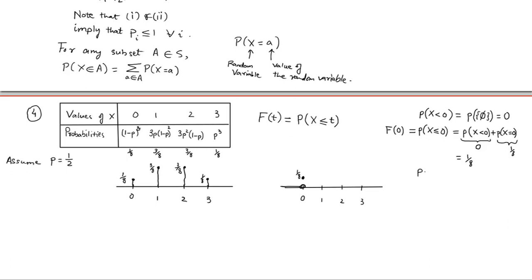What should be the value of this probability of x less than 1? Can I write this as probability of x less than 0 plus probability of 0 is less than or equal to x is less than, not less than or equal to, less than 1?